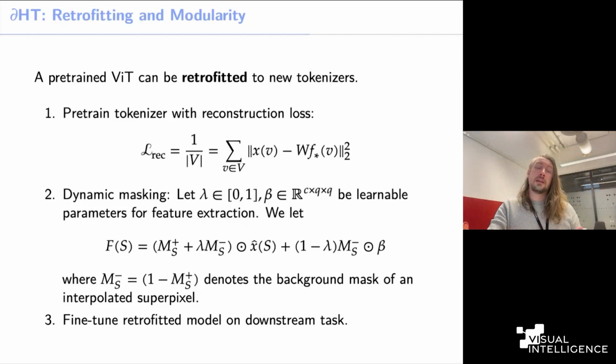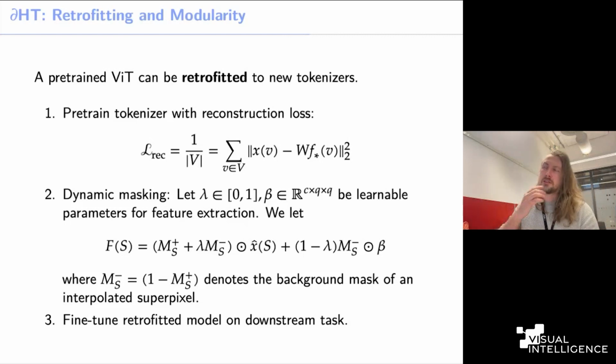In addition to that, we also do dynamic masking, where we introduce a lambda and a beta parameter as learnable parameters for our feature extractor. We use this weighting of the foreground and background masks, in addition to the extra beta parameter, to weight the contribution of the background mask in each superpixel. This might seem complicated, but it's actually quite easy.